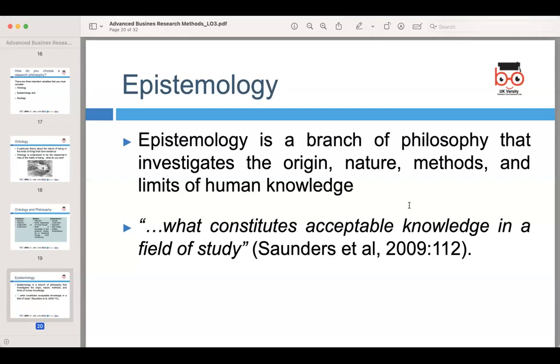It guides us in determining what can be considered acceptable knowledge in a particular field of study. Through this exploration, we sharpen our critical thinking skills and enhance our ability to separate fact from fiction.